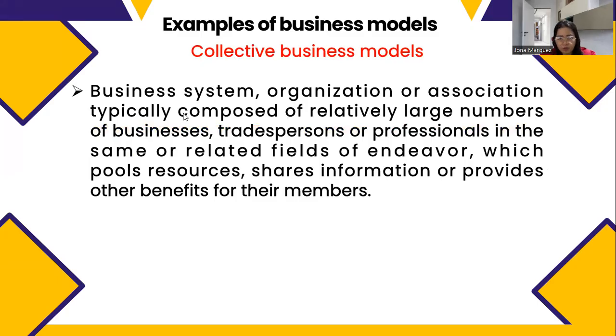This is a business system or organization or association typically composed of a relatively large number of businesses, tradespersons or professionals in the same or related fields or endeavors which pool and share information and benefits among their members.